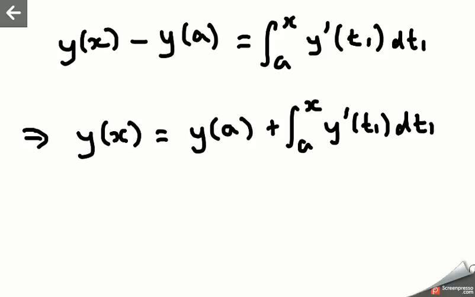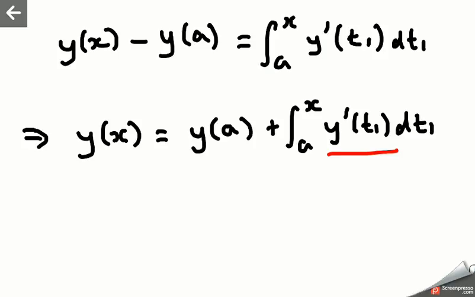Now, suppose that y can be differentiated again at the point a. Well, that means that y prime of T1 can be differentiated again at the point a. If that's the case, we can do exactly the same thing again with y prime of T1 this time.